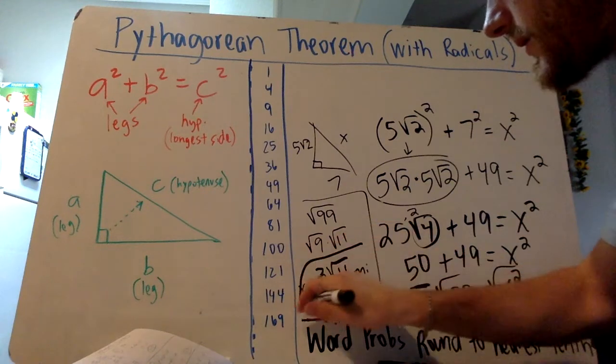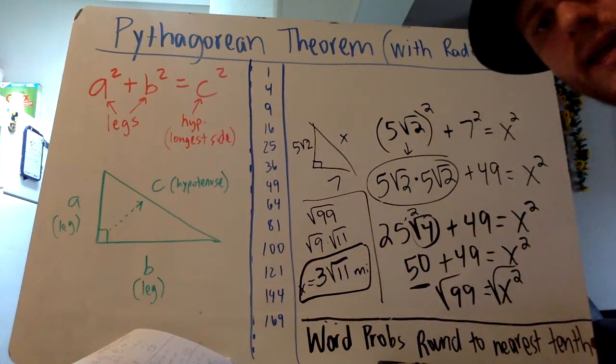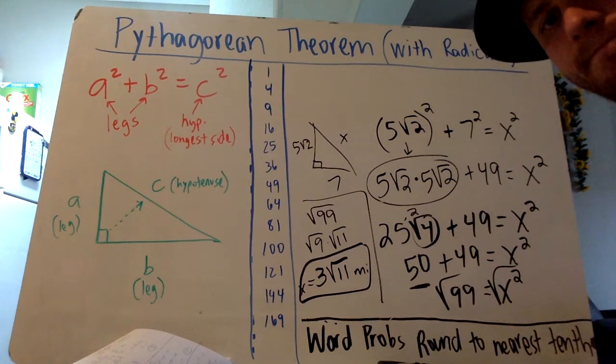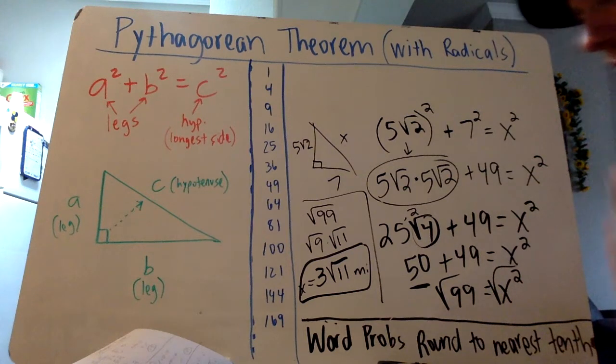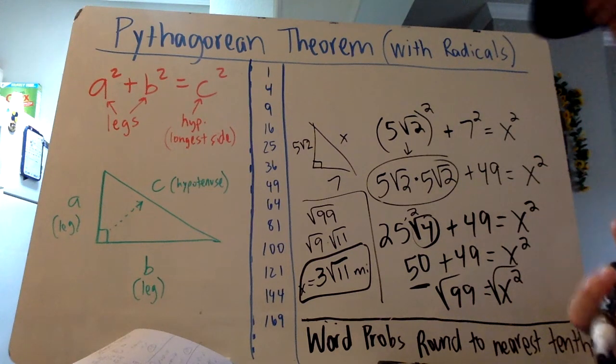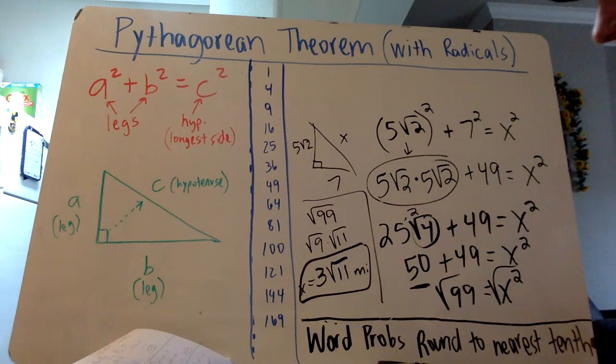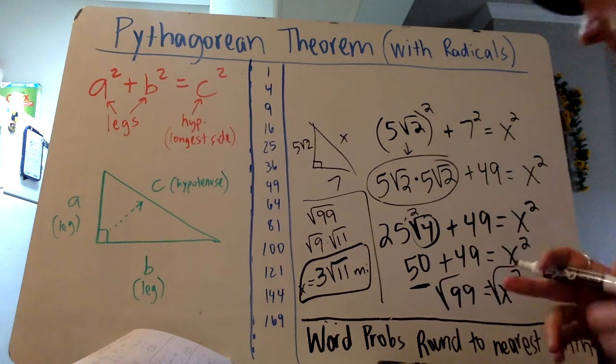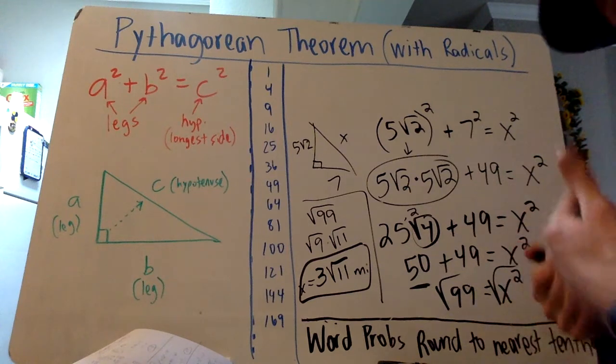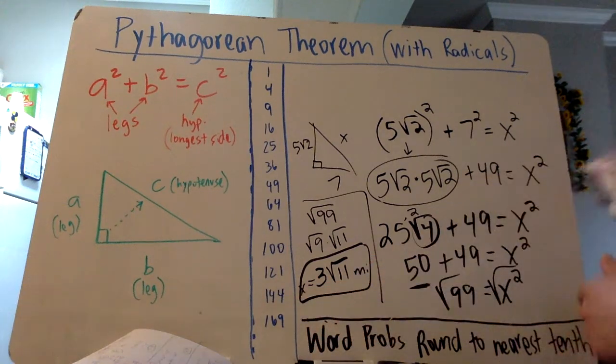And that's my answer, because I can't break down 11 anymore. So the answer to number 2 is 3 square root of 11. If you need to, go back, watch that again. But that's really all we're doing.